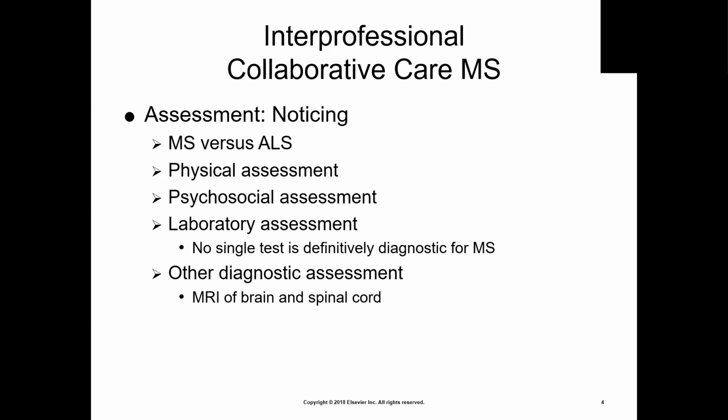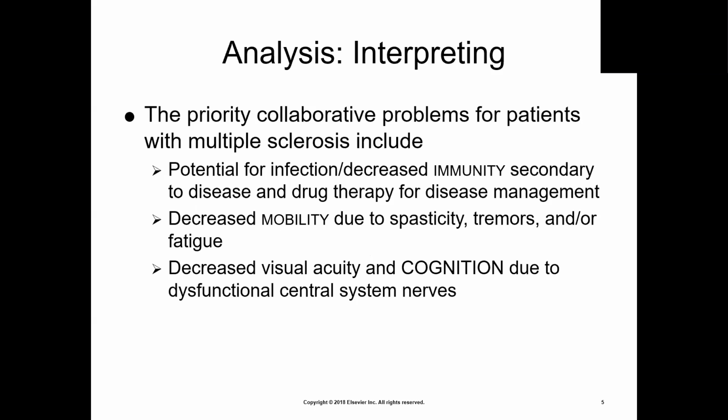All right, the other thing that we might see is fatigue, just again from all of that exaggerated movement, but fatigue in general is something that we do see for sure. So they're at a high risk for infection and decreased immunity secondary to that disease.